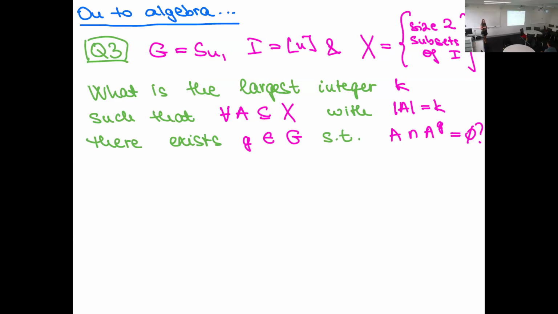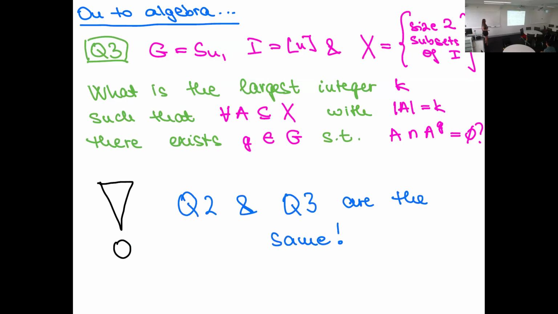So this sounds a bit familiar, right? Because what are edges in a graph? Size 2 subsets of the vertices. So if we think of 1 to n as the vertices, and then the size 2 subsets are the edges, then if we take a set of these edges, it's a graph. And then since the symmetric group can send everything to everything, then A and A to the G, if their intersection is trivial, are just two graphs that can be packed into Kn.